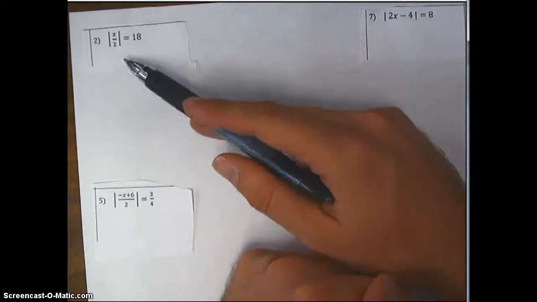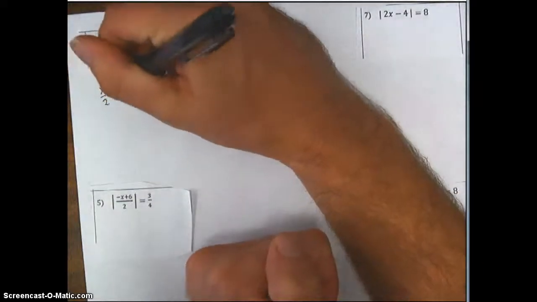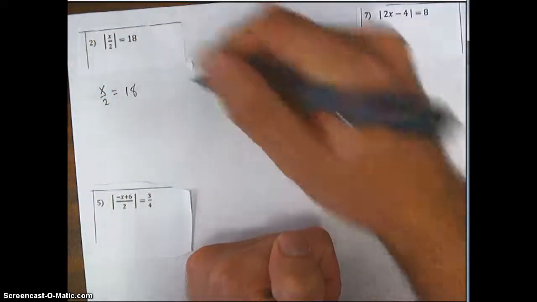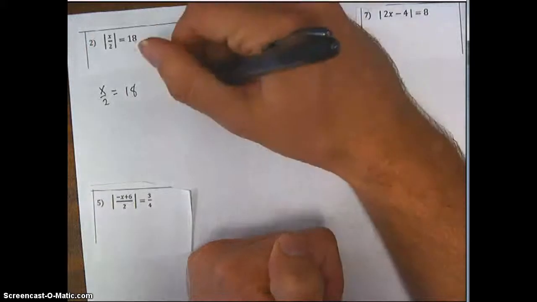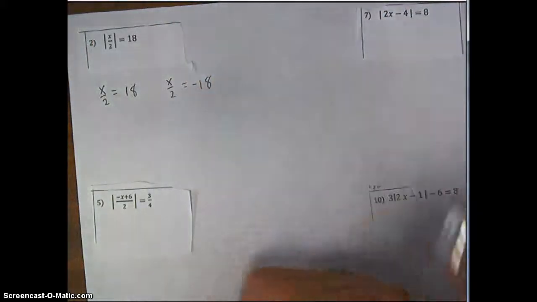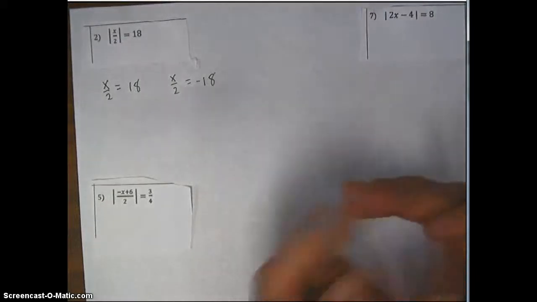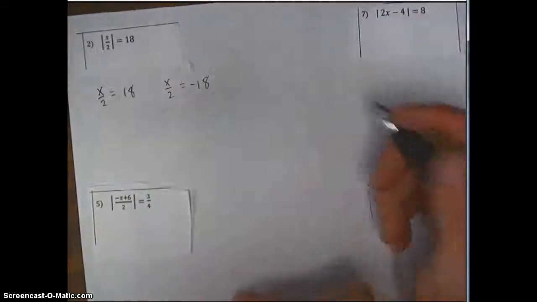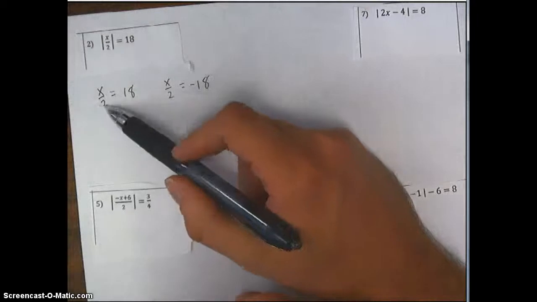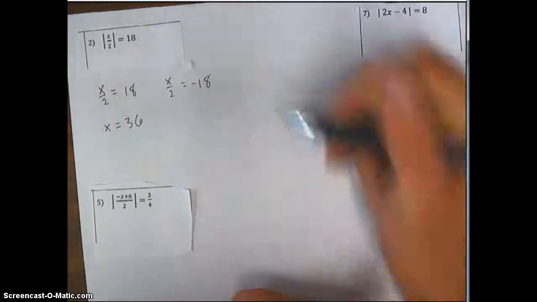So we don't have one equation here, we actually have two. One of the equations is x over 2 equals 18, and the other equation is x over 2 equals negative 18. And so the solution to this equation is actually going to be two answers. So I'm going to solve them both. To get the x by itself here, I multiply 2 on both sides, so x equals 36.